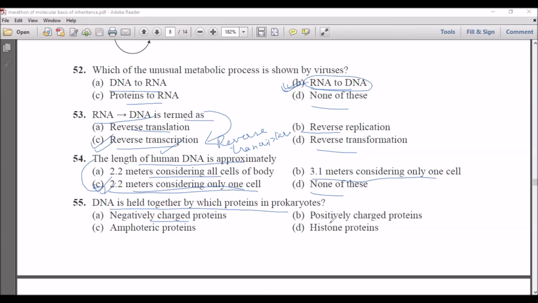Negatively charged protein, positively charged proteins, amphoteric proteins, or histone proteins. Now we know since DNA is negatively charged, it is wrapped around positively charged proteins. So B option is the correct answer.